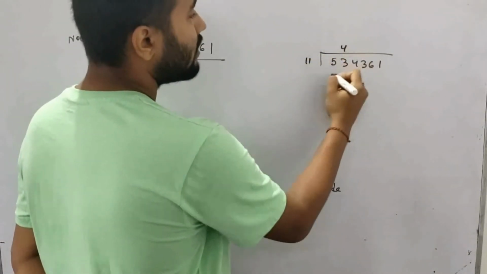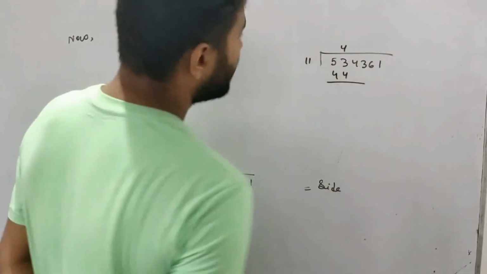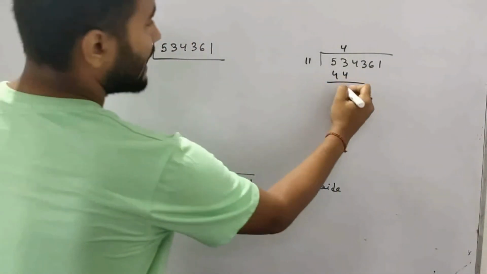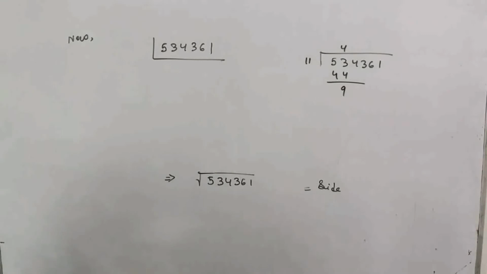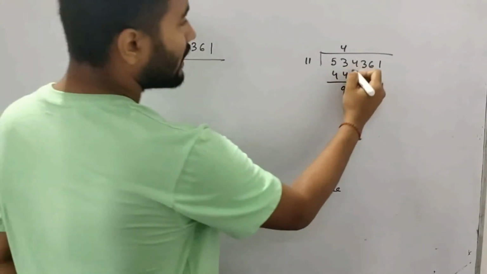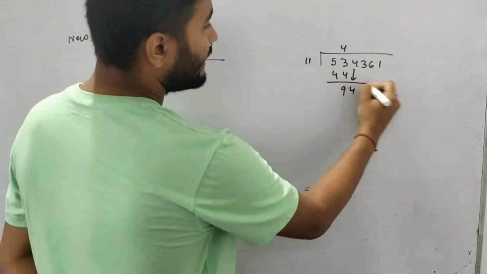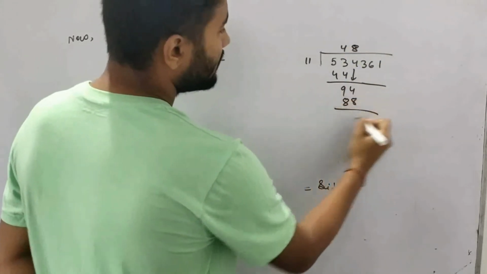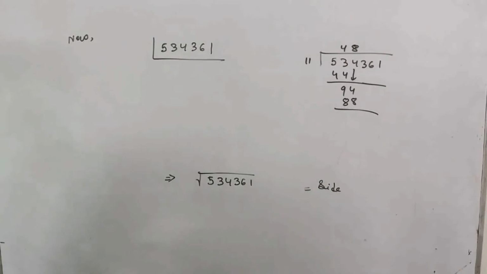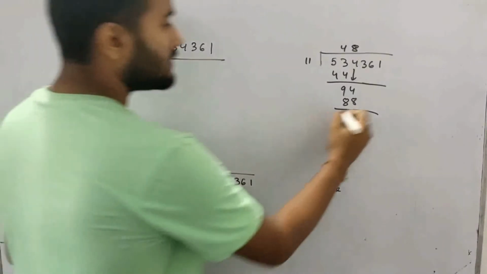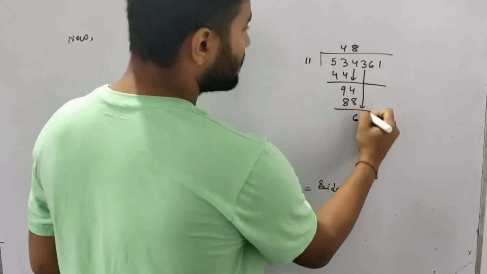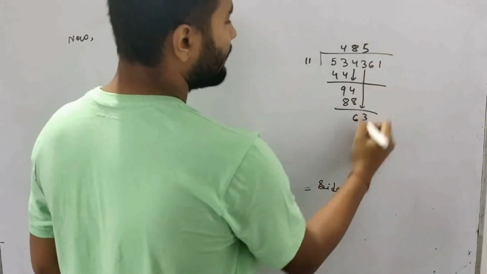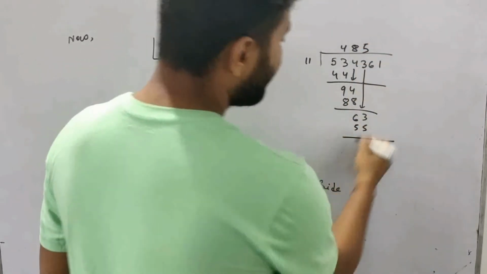11 4s are 44. 44 is how much? 9, isn't it? Then next 4 will come down. So how much? 94. 11 8s are 88. 88, 89, 90, 91, 92, 93, 94. 6, isn't it? Then what will come down? 3, 63. 11 5s are 55.